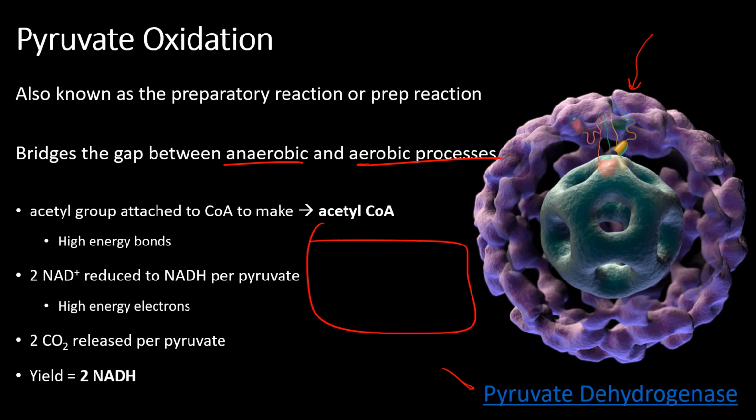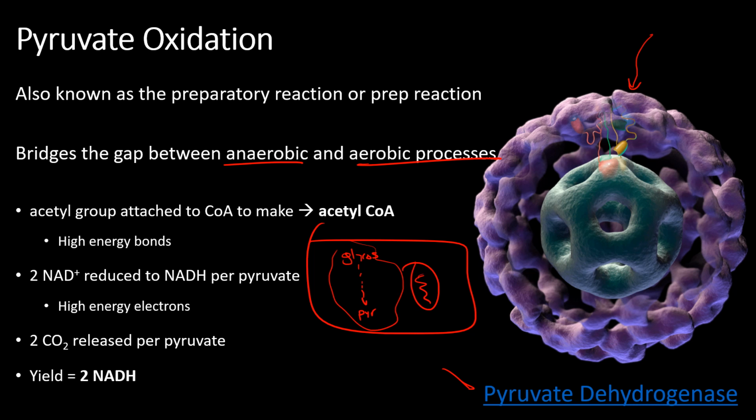If this is a cell and this is the mitochondria and this is glycolysis here, and we make pyruvate, this is happening in the cytoplasm, right? This is an environment that does not care if it has oxygen or not. This is the same environment that is present in bacteria and archaeans and everybody in between.